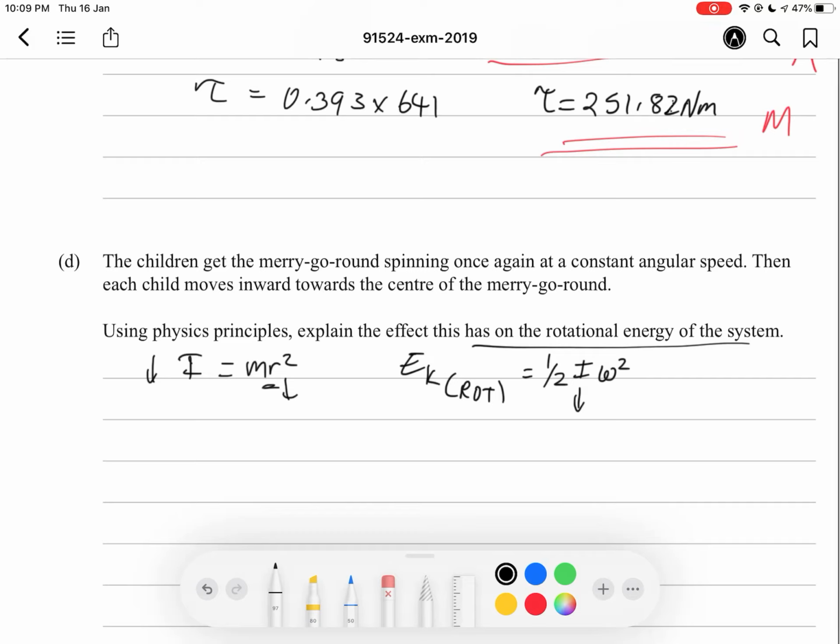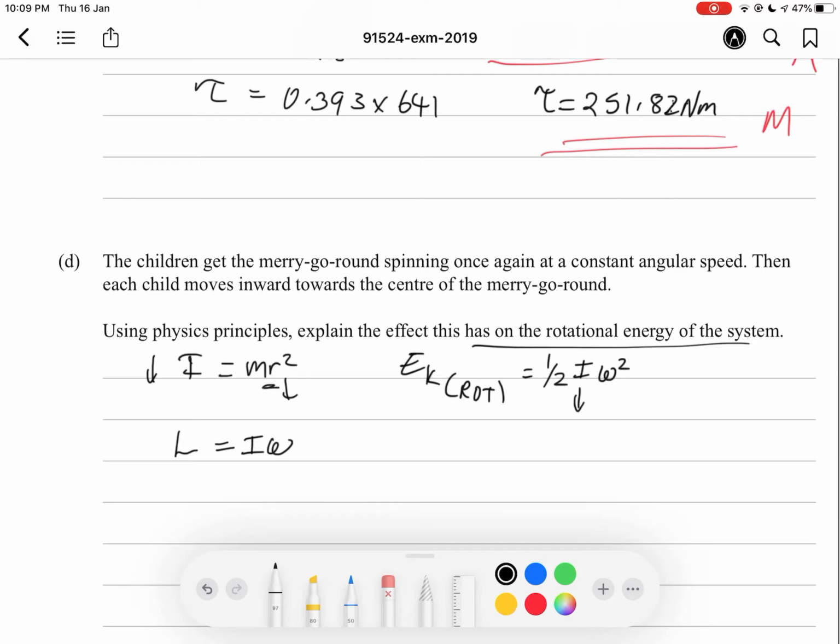So we have to use another formula. When the children are spinning at a constant angular speed, they have an angular momentum, a specific L value, which is equal to I omega.